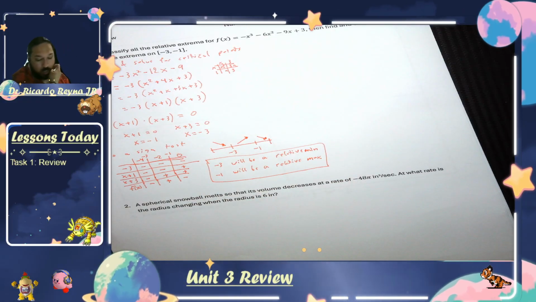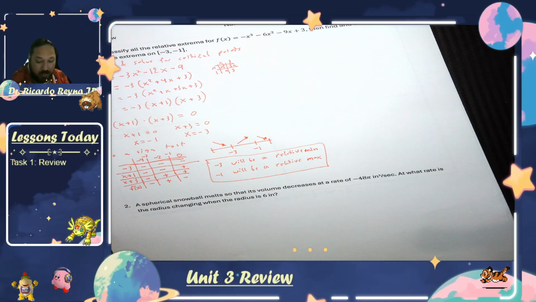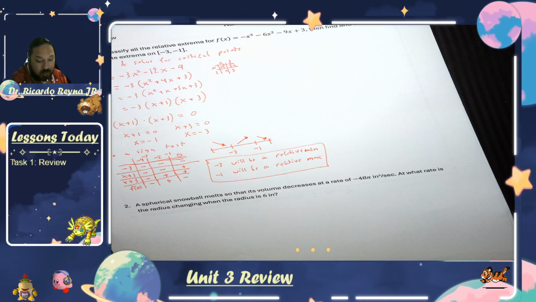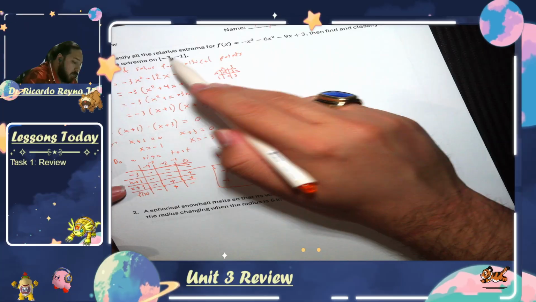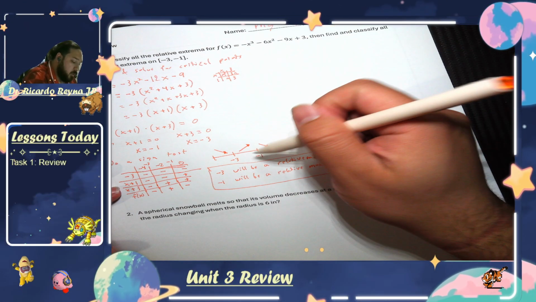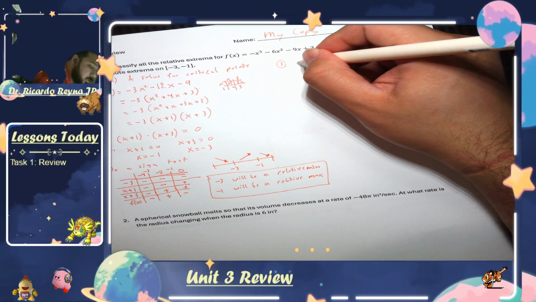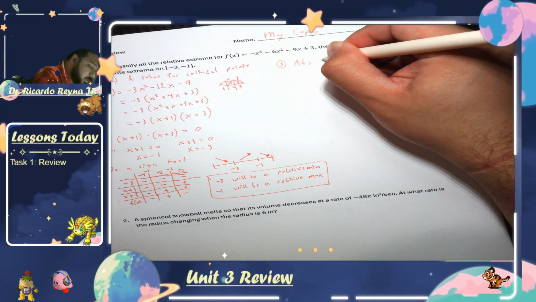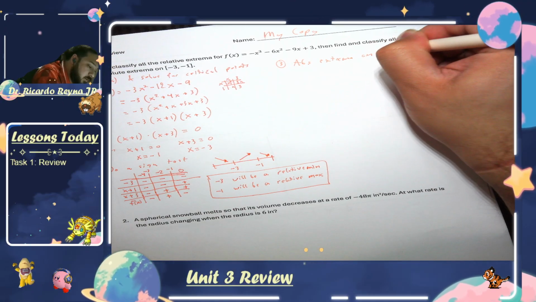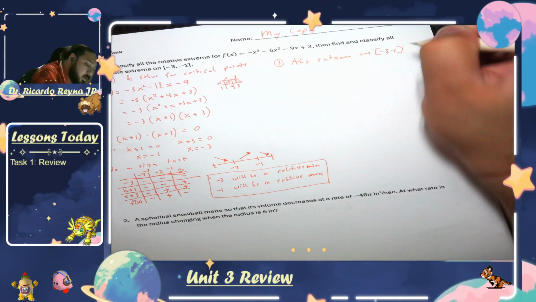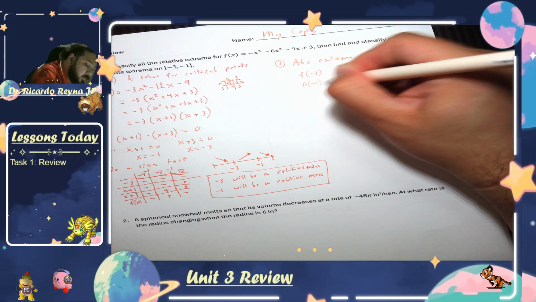That's slightly easy for us, because for the absolute extrema we're literally just checking the critical points and the endpoints. However, the critical points are negative 3 and negative 1, so for the absolute extrema, we're just going to check f of negative 3 and f of negative 1.